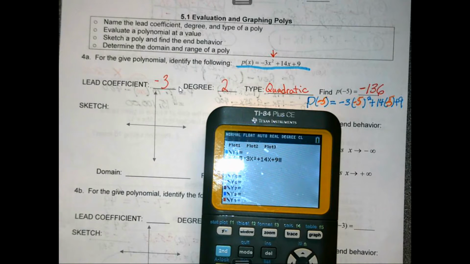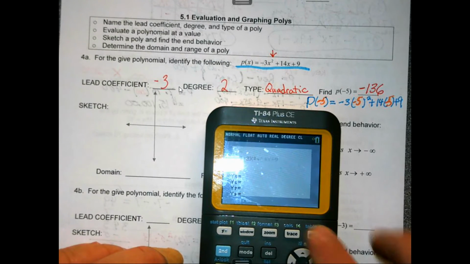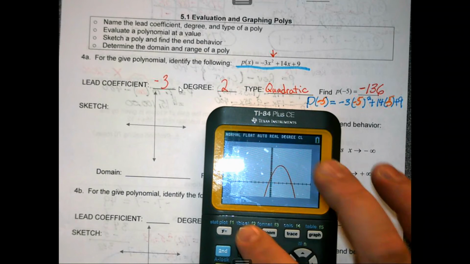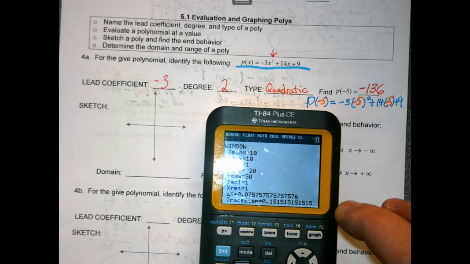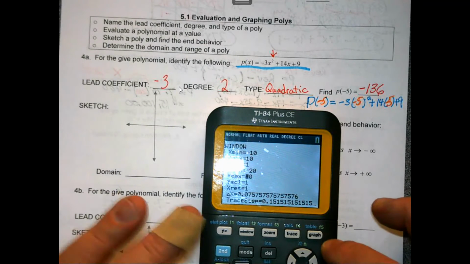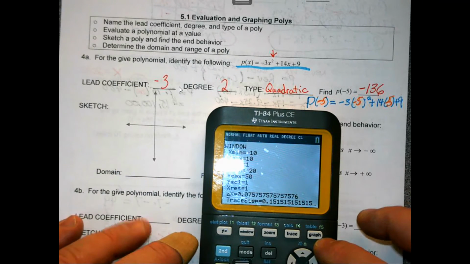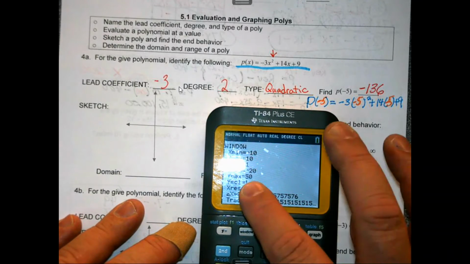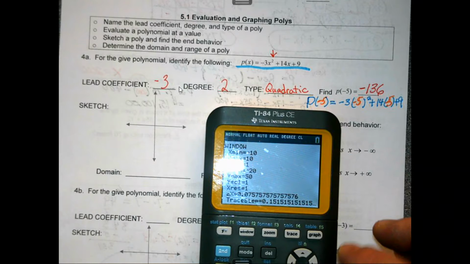I don't know. Graph it. I have this zoomed in. My window is zoomed out. I have my Y max at 50. So if you want to see the whole thing, which you're going to because you need to find the range, open up your Y max to 50 or something.